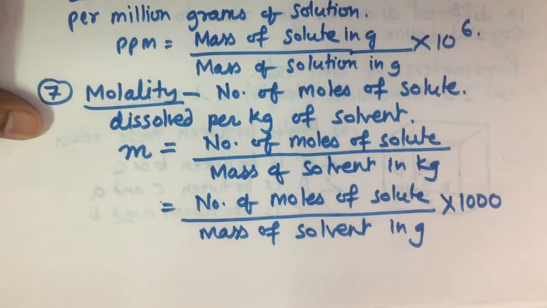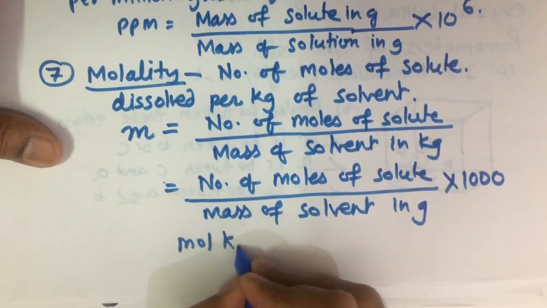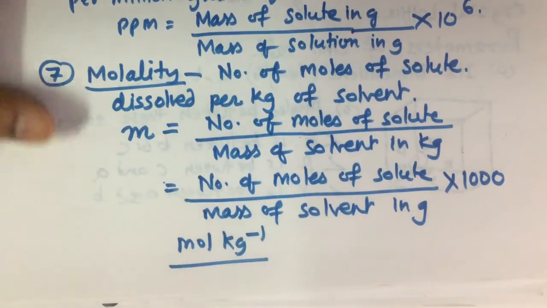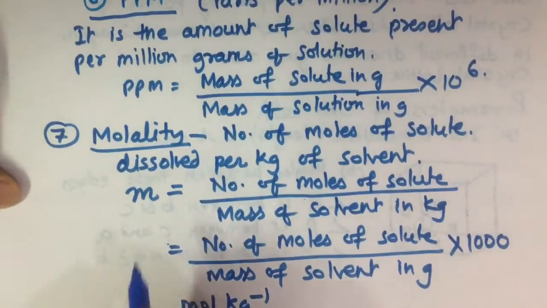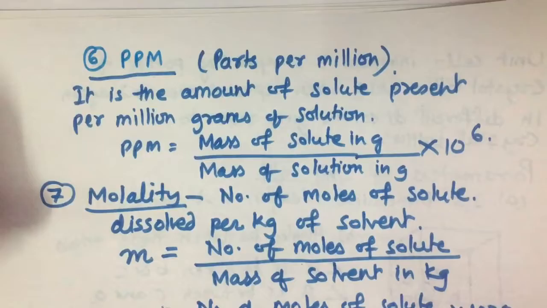The units of molality is mole per kg. Both molality and ppm are independent of temperature.